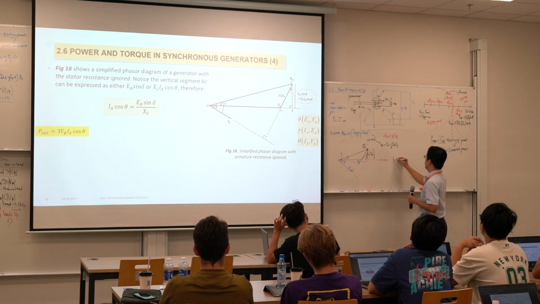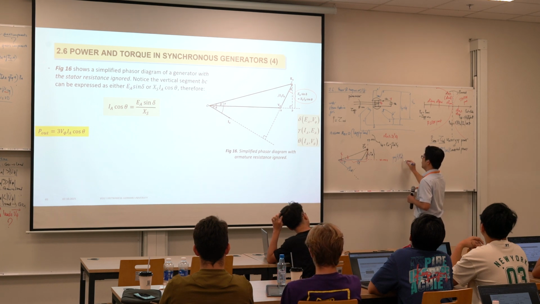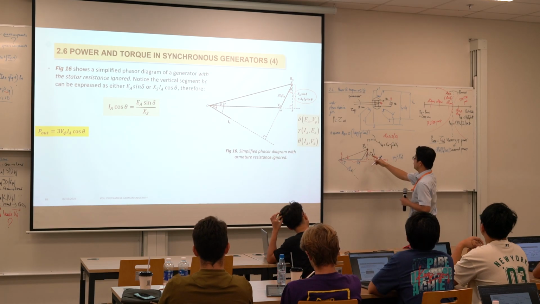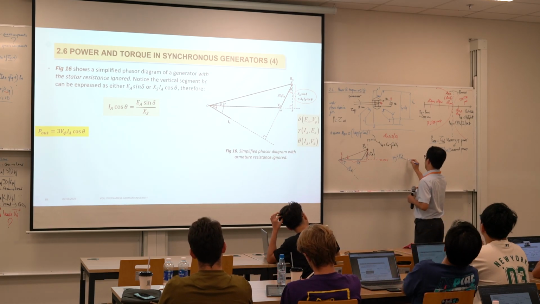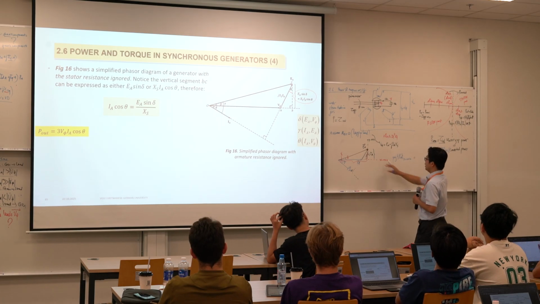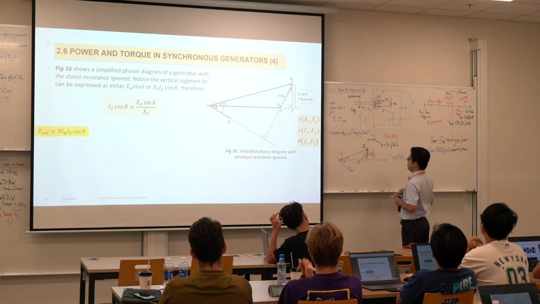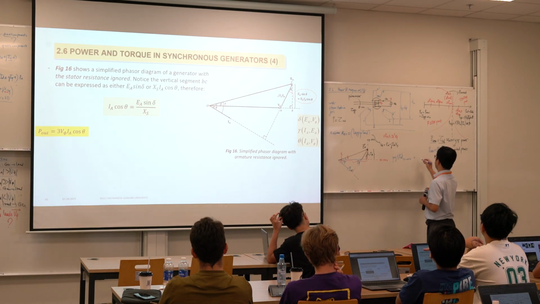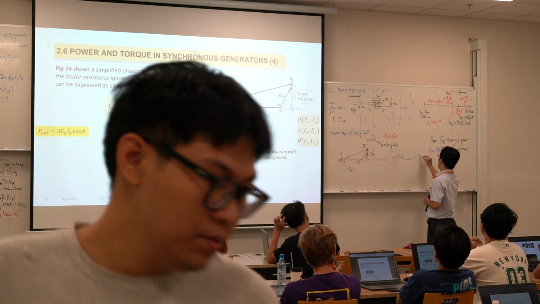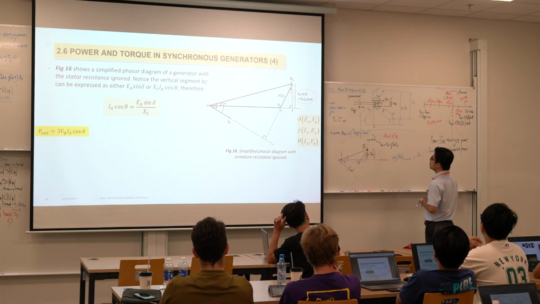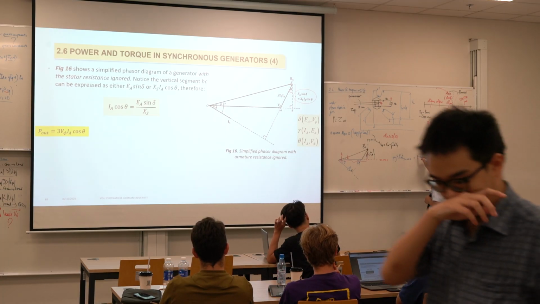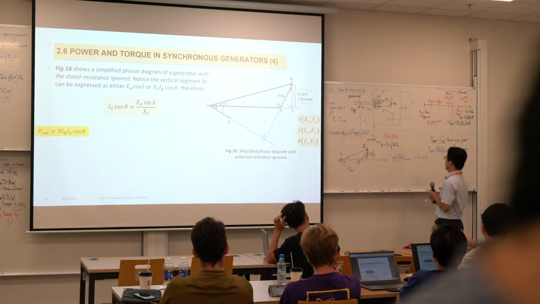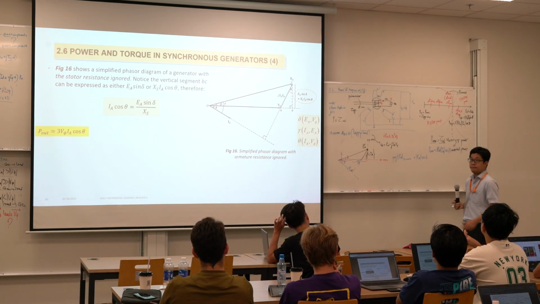The projection of EA onto the y-axis, I mean this segment, is EA times sine delta. That's right.